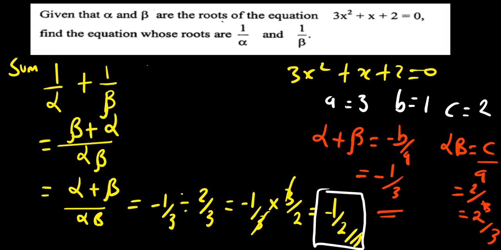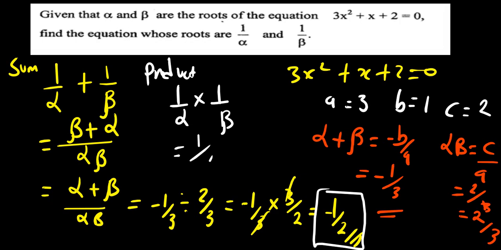Now let's find the product. When we multiply 1 over alpha by 1 over beta, what are we going to have? 1 multiplied by 1 is just 1. Alpha multiplied by beta is just alpha beta.